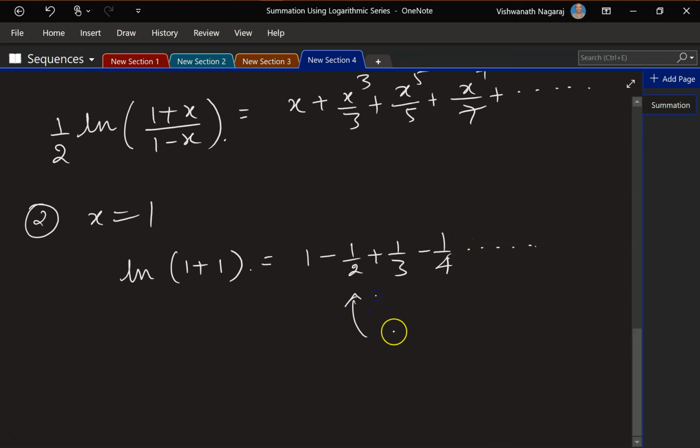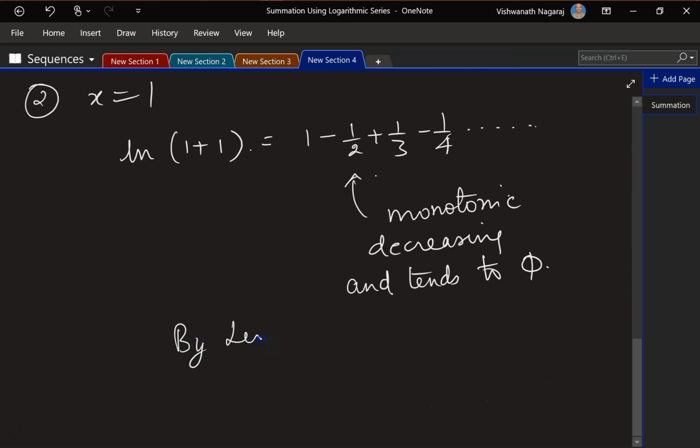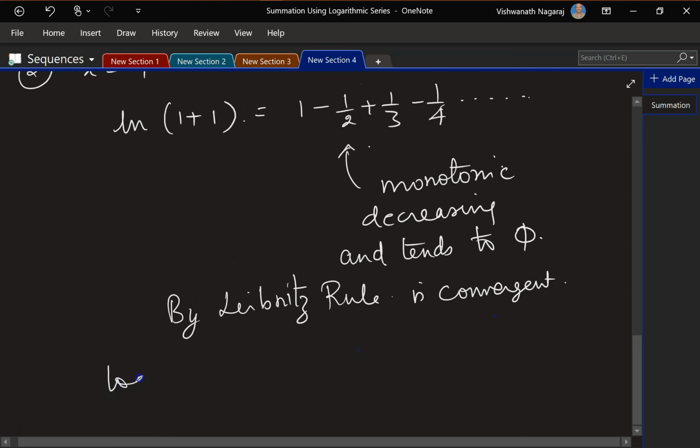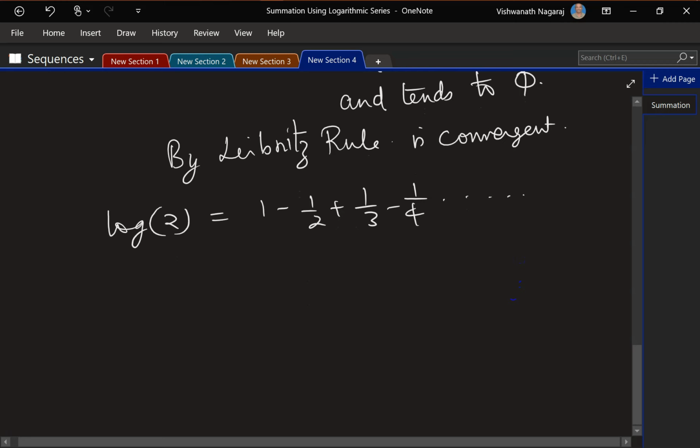And this we know is a monotonic decreasing sequence or series and tends to 0, and by Leibniz rule is convergent. Which means log of 2 can be evaluated using this series 1 minus 1 by 2 plus 1 by 3 minus 1 by 4 and so on. Okay, so purely based on this much, let's solve some problems just to get a feel of it.